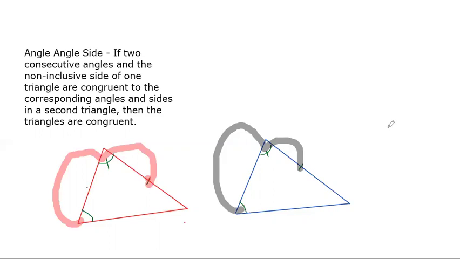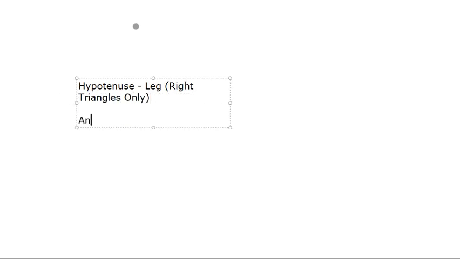Angle, angle, side. So in this lesson, we had two postulates that we're going to add to the ones that we've already looked at. Hypotenuse leg, which is right triangles only. And we have angle, angle, side, which is all triangles, just like the ones that we have.